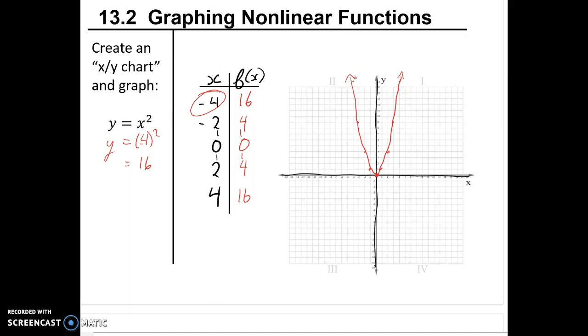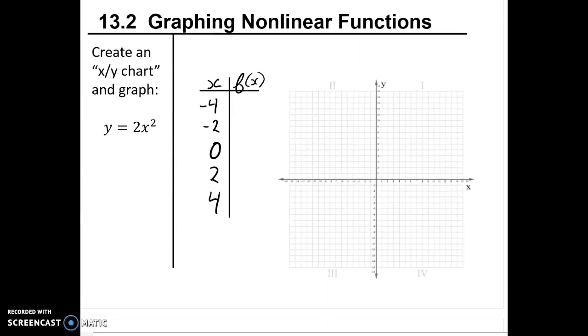This shape is called a parabola. A parabola has these bowed out sides, so it arcs along like this. It's the shape that we give to the graph y equals x squared. Let's keep moving.